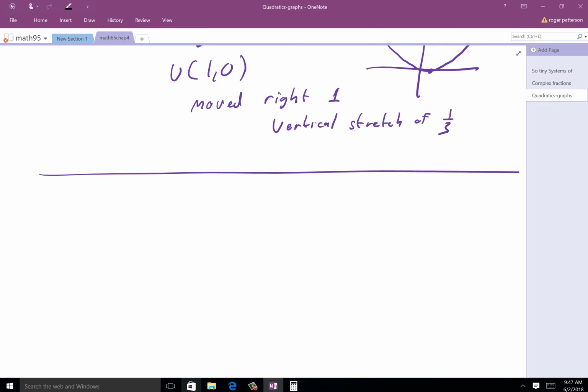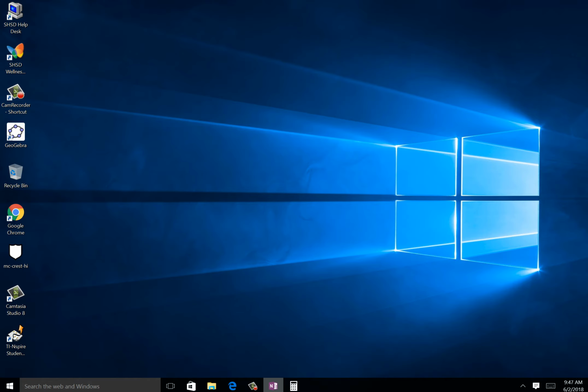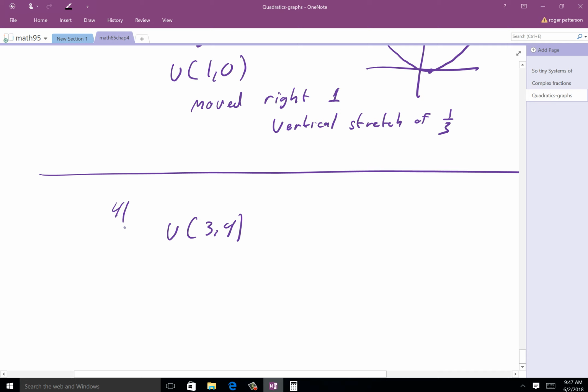The only other one they have you do is one like this. They say the vertex is, this one for example is 41. This is 40. This is 41. Okay. And it says, write the vertex form of a parabola that satisfies the given conditions, then write it in general form.